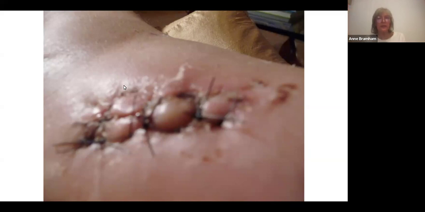The doctor had said, well, in time it would heal, but if he wanted to keep playing sports, then he should have surgery. He had his surgery, and 7 days after surgery, he was meant to have the stitches out. But when he went to have the stitches removed, his foot was so edematous that the doctor said, there's no way I can take these stitches out right now. Go home, rest, put your leg up and get that swelling down.